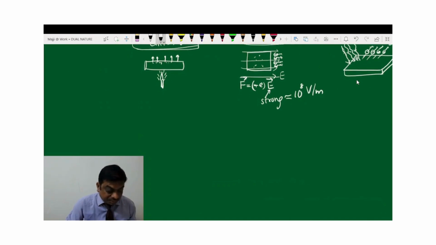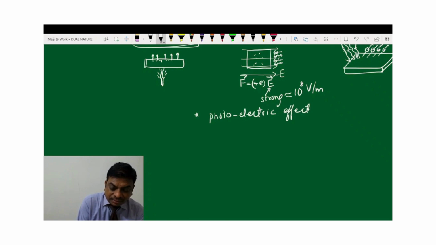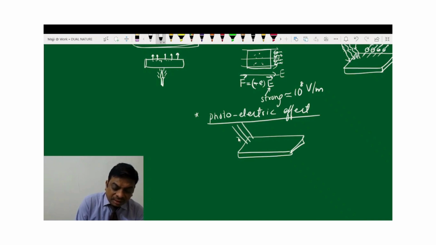Then next we'll be seeing the photoelectric effect, which is the topic we have picked up. It is the phenomenon in which certain metals, when irradiated with light of suitable wavelength or frequency, eject electrons from the surface.